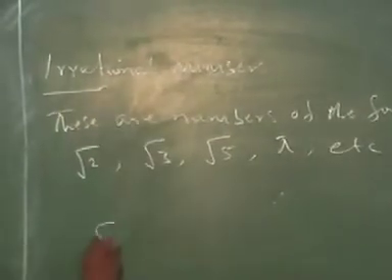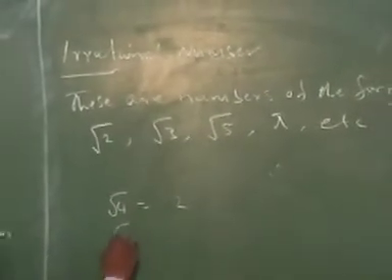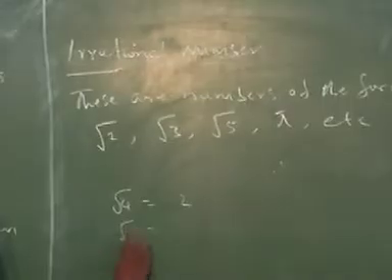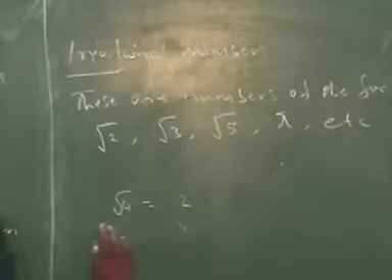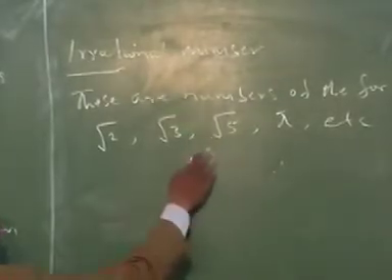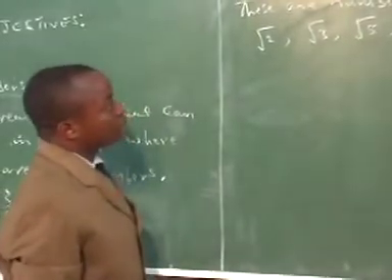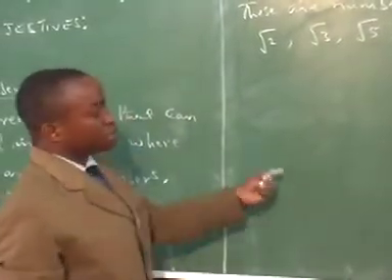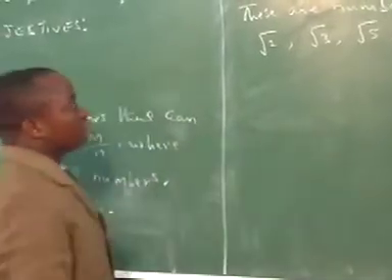If I have square root of 4, it will give me 2. Square root of 16 will give me 4. Square root of 25 will give me 5. But these ones cannot give me a real number. They will give me decimal. So these ones are irrational number.